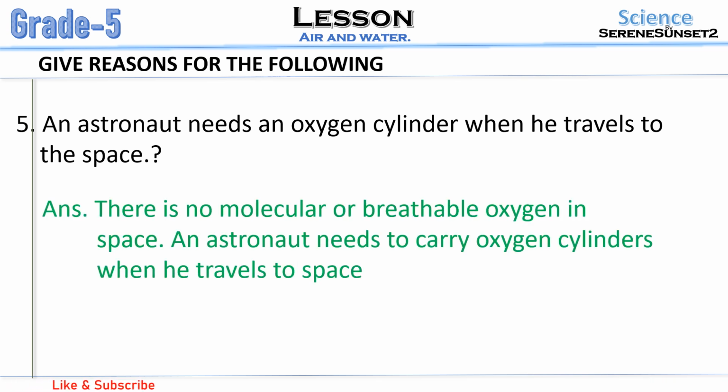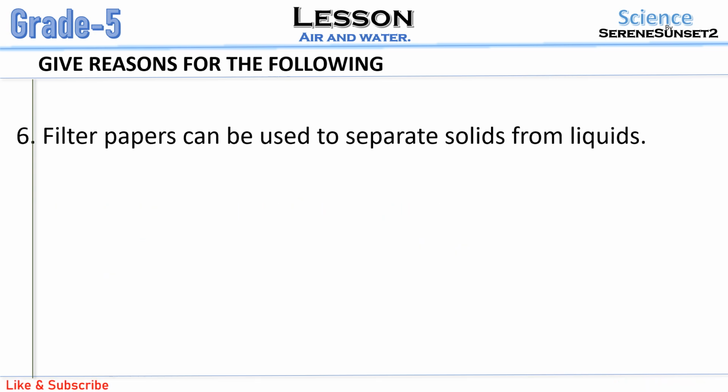There is no breathable oxygen in space, so astronauts need to carry oxygen cylinders when they travel to space, or they can't survive. Let's have a look at the next question.